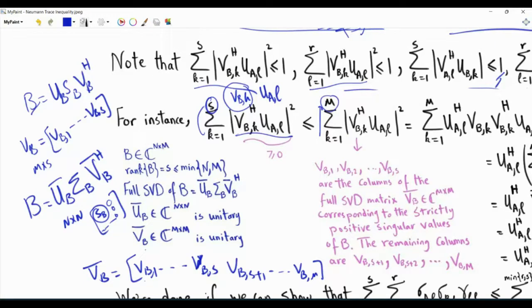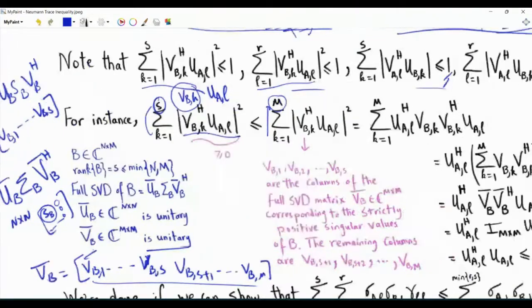Every vector in the matrix VB bar has a unity L2 norm, and if you take two distinct vectors, they are orthogonal to one another. That's the meaning that the matrix is unitary. So basically those are the vectors here. So we are making use now of the full SVD of matrix B.